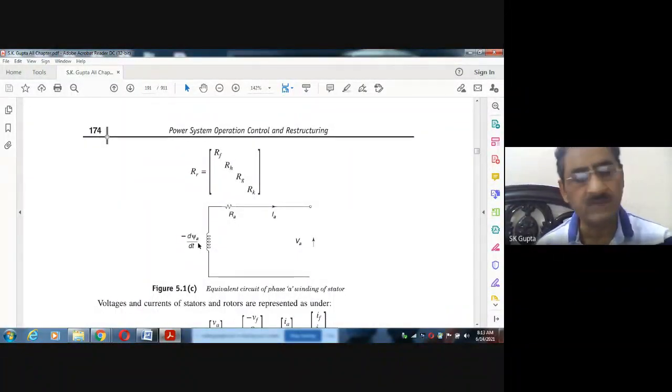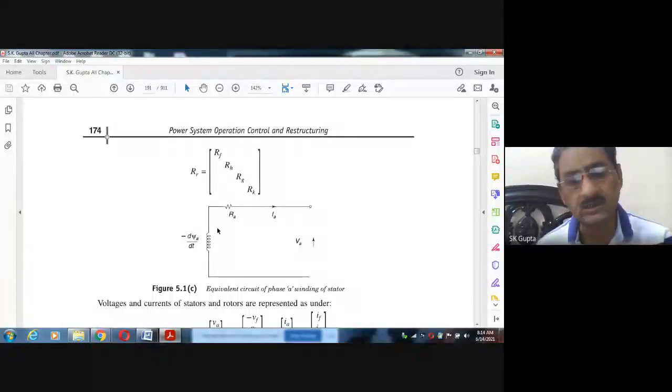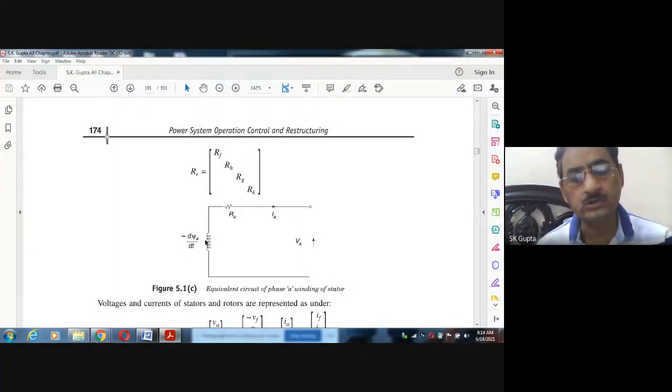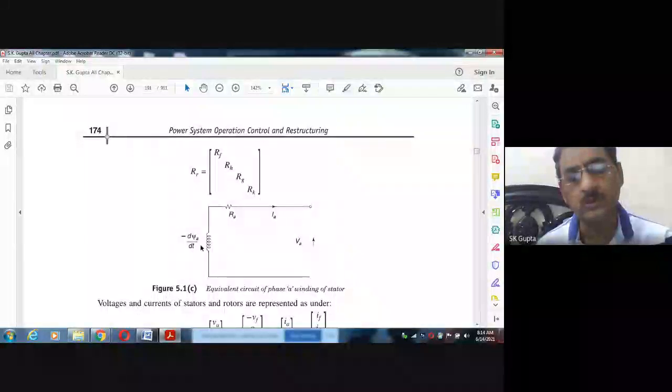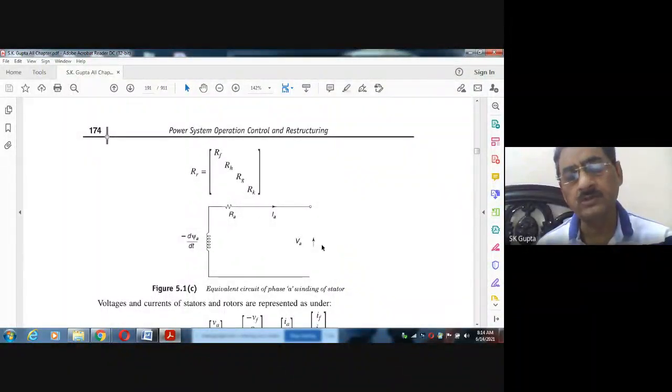And total flux is psi. Inside the stator, the winding flux produced is given by phi a, or you can say the total flux is psi. So N d psi over dt is the voltage, and IR drop is this terminal voltage.